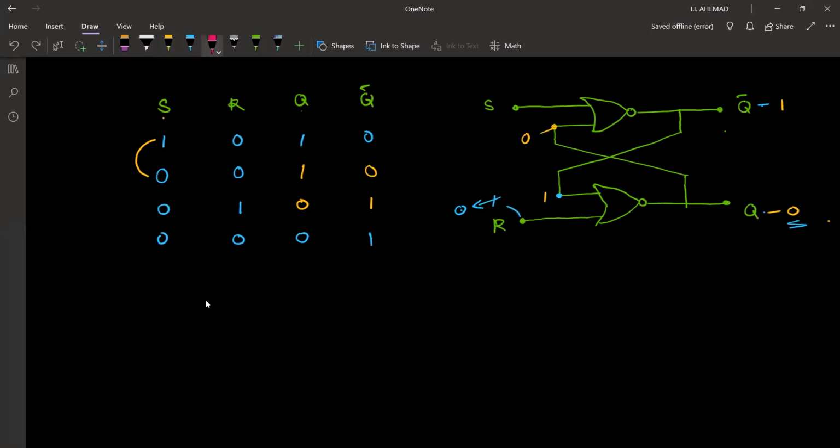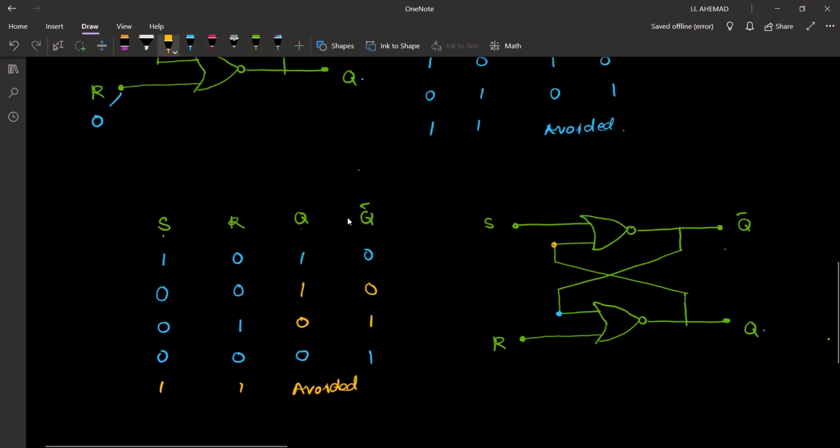So here you don't need to remember how we got these values. To understand only, I explain what is going through. But you don't need to remember these values. What you have to remember is this truth table. So here we have 1 and 1 avoided.